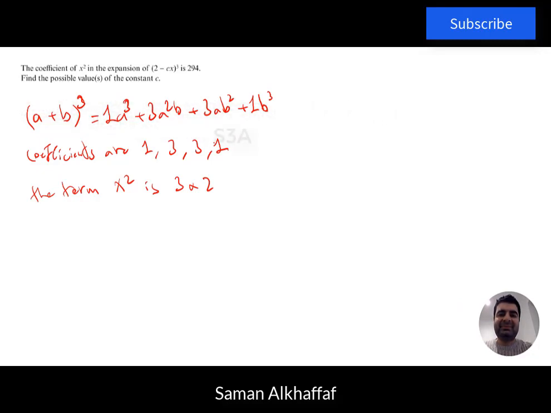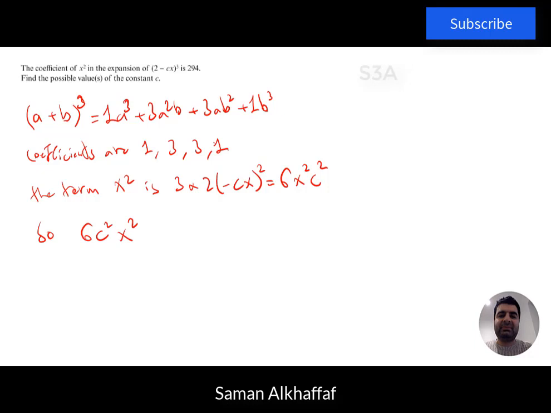Then we will equate the 6c squared x squared to 294.